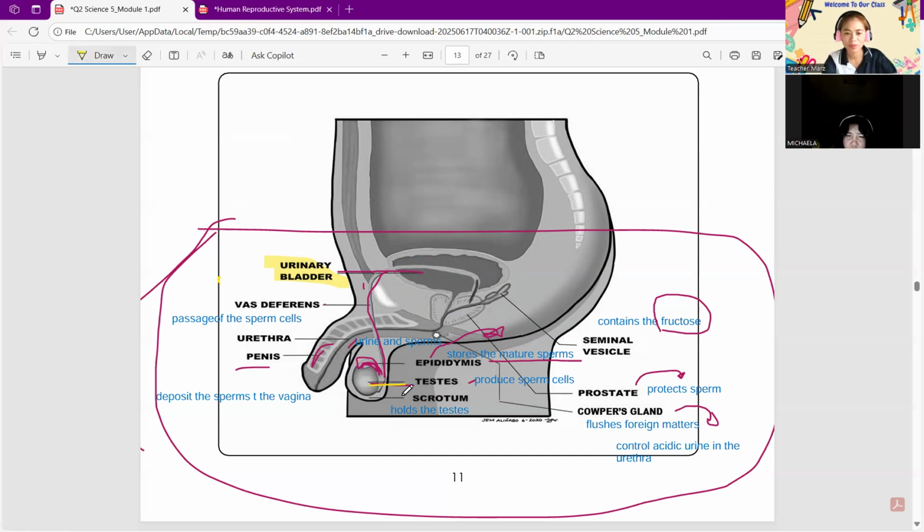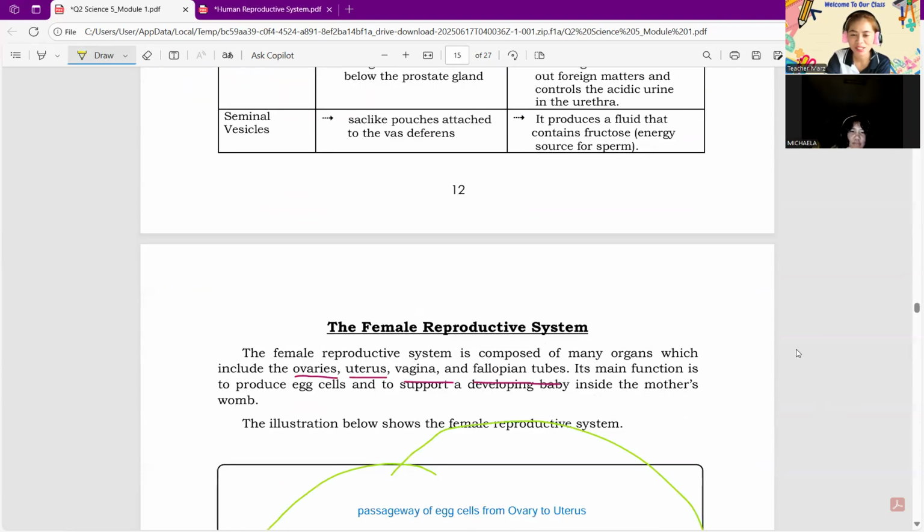So what is the sac-like structure that protects the testis? What is this part here? Scrotum. All right. So what do you think would be the answer? Scrotum. Okay, very good.